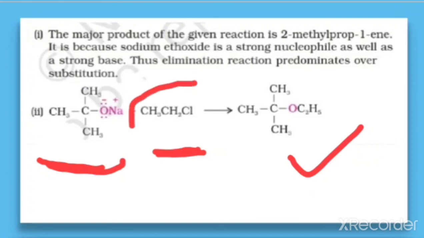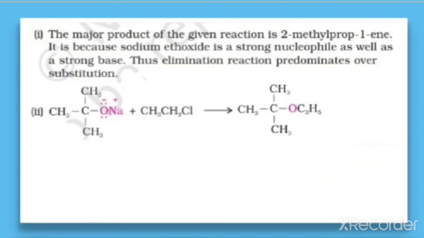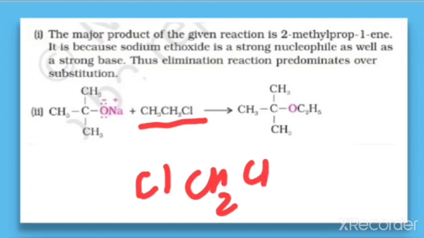Because this is a 1 degree alkyl halide, and a 1 degree alkyl halide can undergo substitution. So here there is a removal of Na, here there is a removal of Cl, and this part you need to write on this side. Otherwise, I told you, I can write this in the reverse order, that is Cl, CH2, CH3.